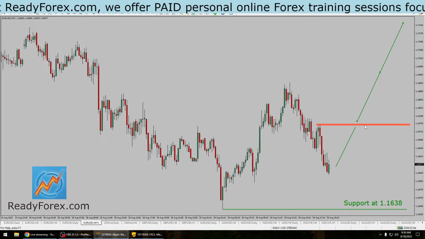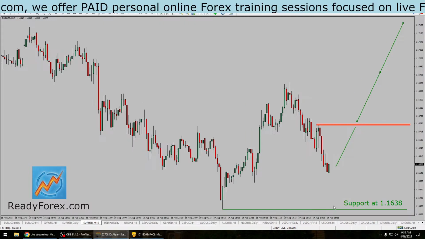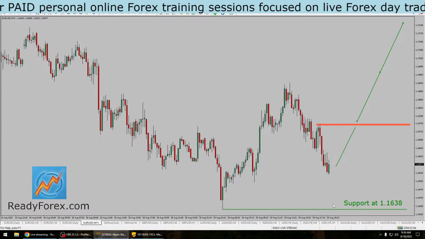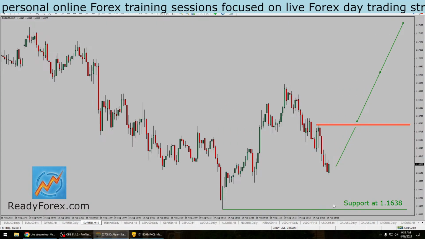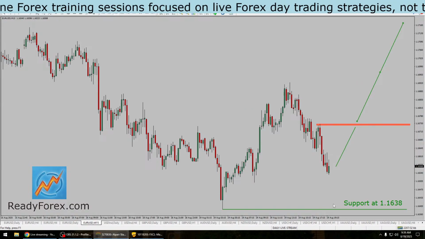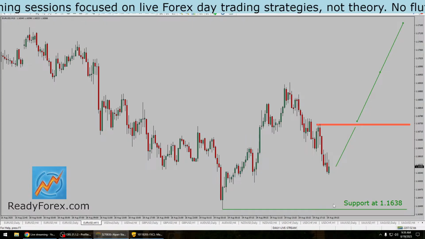It's showing kind of retracement. However, the uptrend is only going to remain valid as long as price action stays above the 1.1638 area. If the market is going to break below the 1.1638 level, then obviously the uptrend is going to end in the euro USD currency pair.